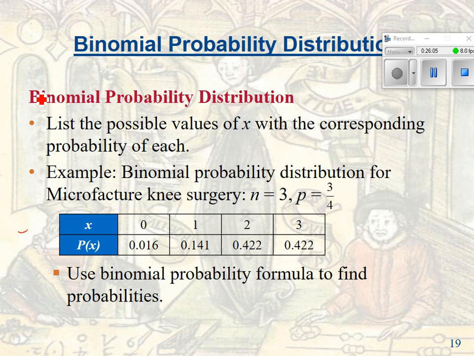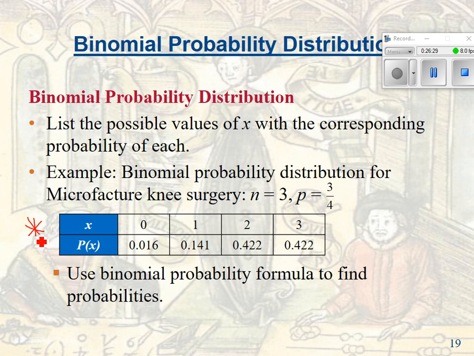On this chart, this is just the chart for the knee surgery thing that we did a few minutes ago.